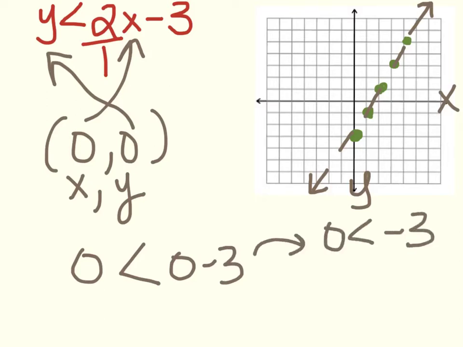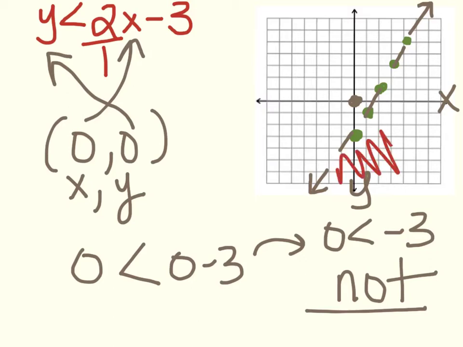Is this true? No, 0 is not less than negative 3. That means your point 0, 0 on the graph is not in the shaded region of this inequality. So we're going to shade on the other side.